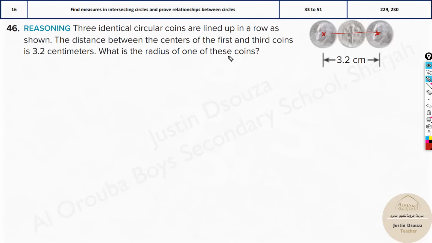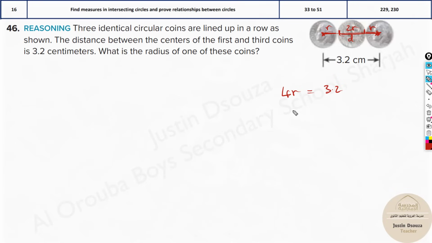See, now they have told this is the center, right? This is also the center. So from here to here will be the radius, and this one will be 2 radius. Directly you can write. Or you can consider the entire thing as the diameter, so it is 2 times radius. So r, 2r and r will be 4r. That is equal to, given over here, 3.2.